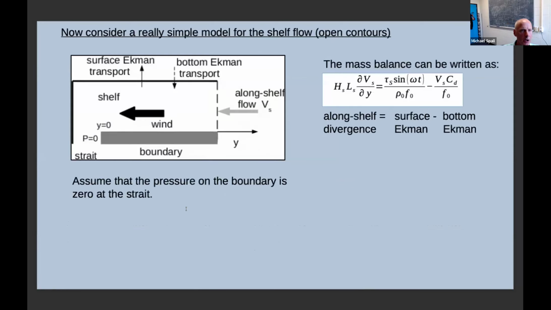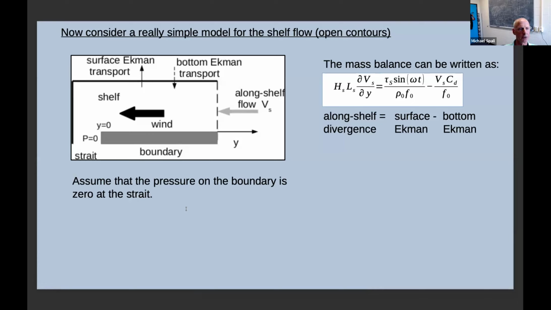Now I want to consider the open contours. I'm going to start with a really simple conceptual model of the shelf. Imagine here's a piece of the shelf, here's a boundary, here's a strait. I'm going to say that the wind is blowing parallel to the boundary. That gives us some offshore Ekman transport. There's going to be some along shelf flow, and associated with this along shelf flow, there's a bottom Ekman transport onto the shelf.